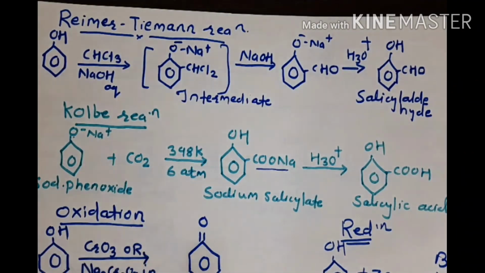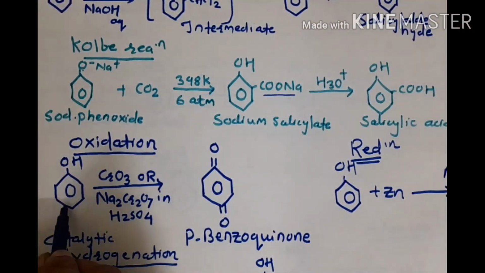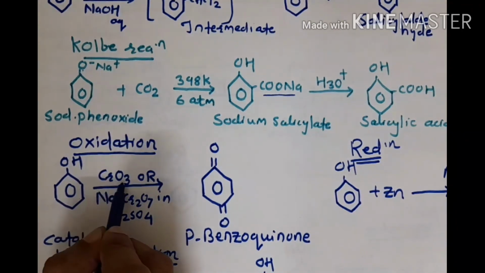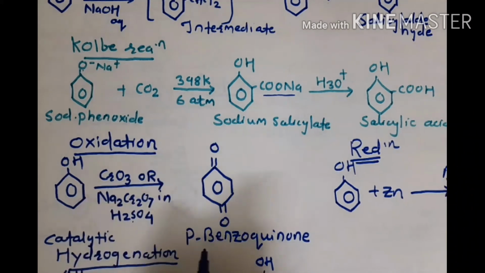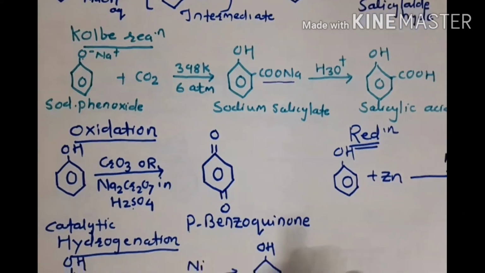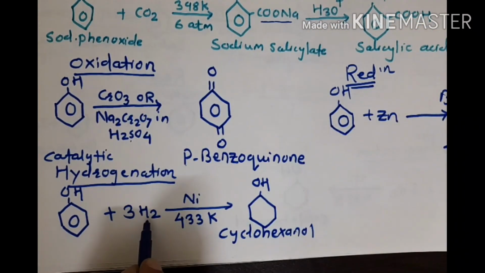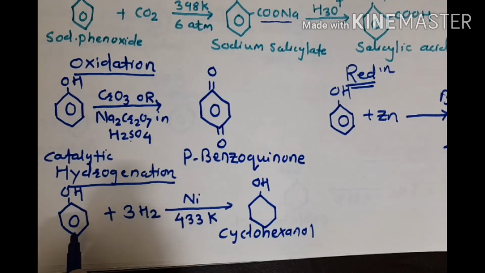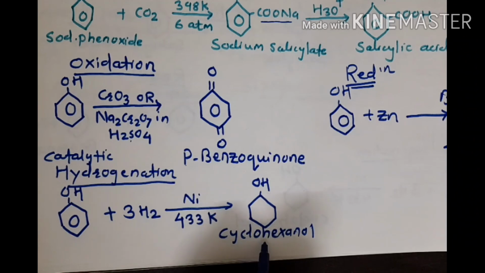After that, we discussed what happens in oxidation of phenol. So, phenol on oxidation with chromic anhydride or sodium dichromate in sulfuric acid gets converted into parabenzoquinone. Right? After that, what did we discuss? Catalytic hydrogenation. Hydrogen molecule gets added to phenol. So, hydrogen gas when passed through phenol in presence of nickel as catalyst at 433 Kelvin gives cyclohexanol.